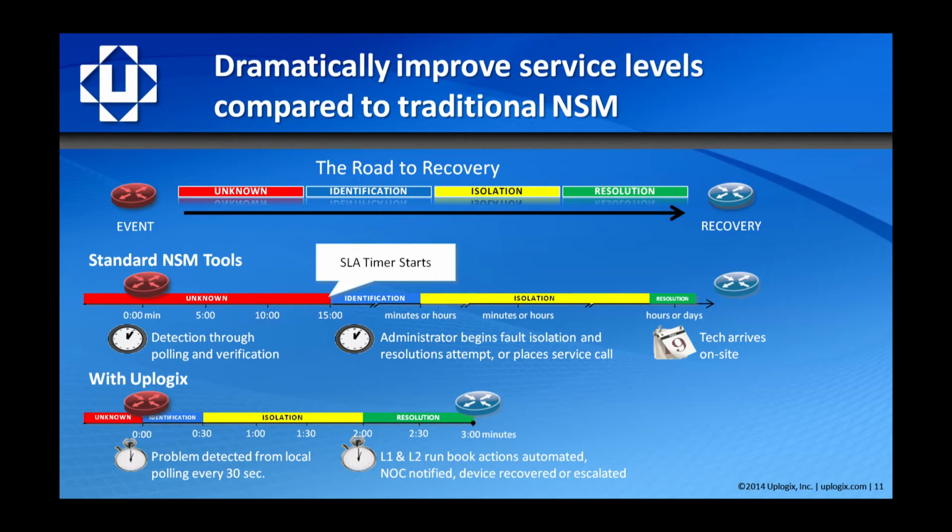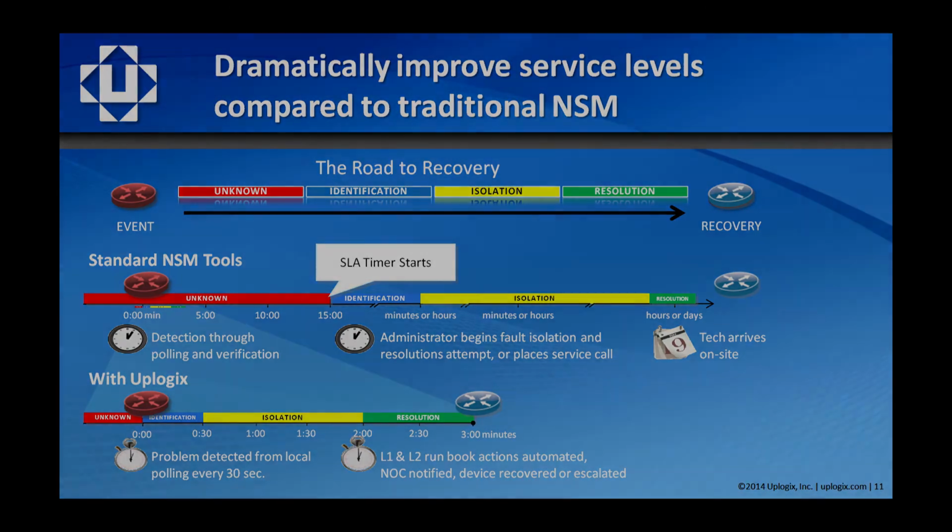Again, focused on reducing that time to detect and respond to generally inside of the sampling window of most network systems management tools. So if we can find that problem, resolve it, even if we take broad, bold steps like power cycle, it gets the network back up and running, and often we don't even take an SLA hit.